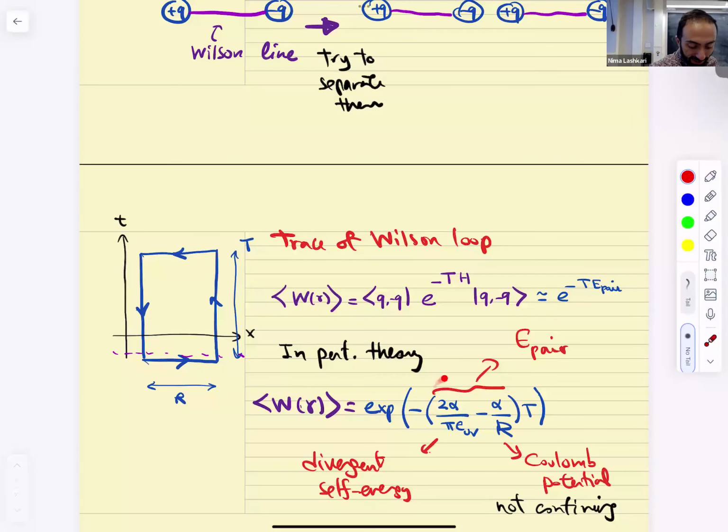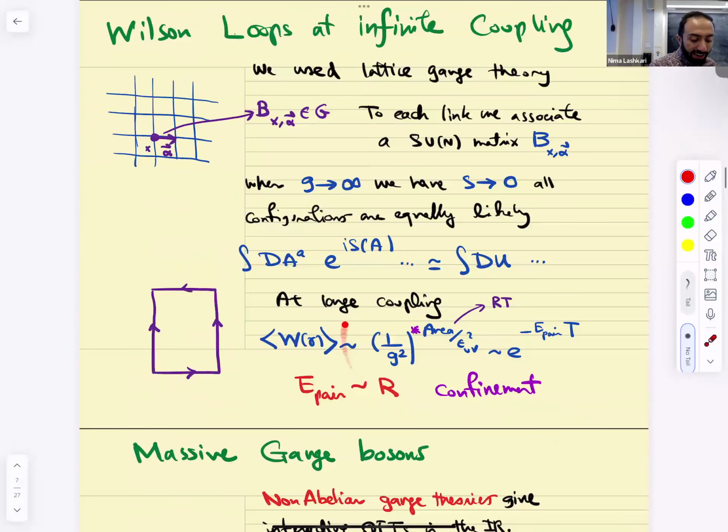You see, there's this divergent self-energy term that you found, and then there was a correction to it. So these are large coupling effects. You do a perturbation theory organized in 1 over g squared, in a sense. It's not quite 1 over g squared, but it's a perturbation theory around infinite coupling. Yeah, you'll see that.